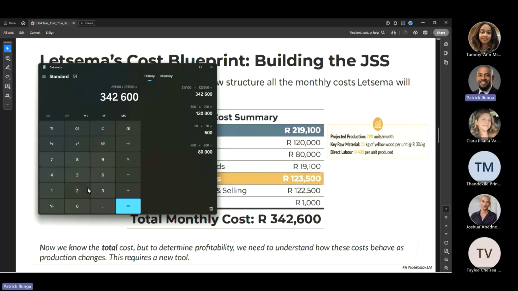It would be 20 multiplied by 30, which is a constant, it stays the same, multiplied by 400 units, it will be double. Do you see? Tandekile, does that make sense?